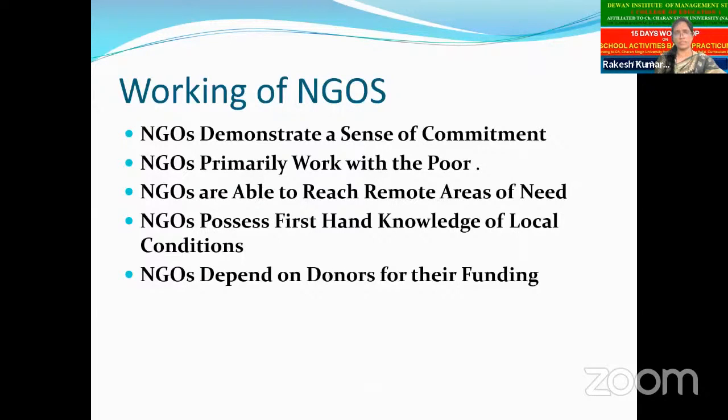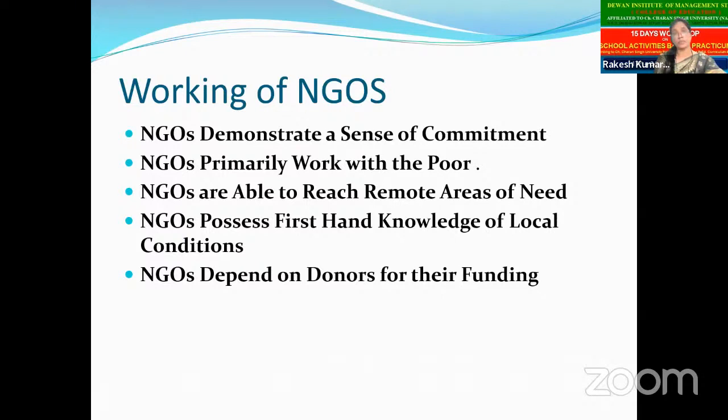Sadly, sometimes government agencies will claim to have conducted programs in such remote areas, but there is little to prove it. So it is their commitment that takes them into the remote rural areas to identify the poorest segment of communities, identifying those who face acute poverty.